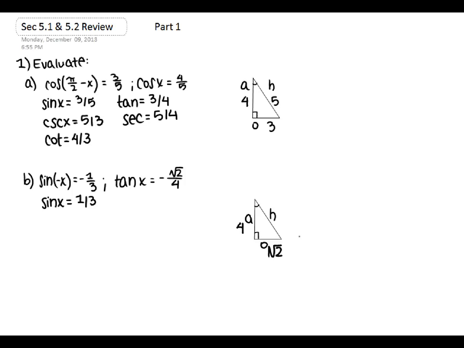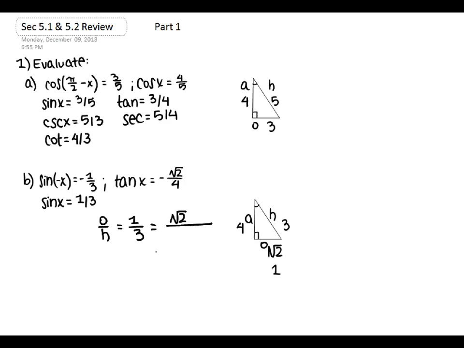And then we do our sine. Okay, so according to this, sine, by the way, is opposite over hypotenuse, so this would be 1, and this would be 3, but that's not possible because we have a √2 here. So basically opposite over hypotenuse has to equal 1/3, so this has to equal √2 over something.